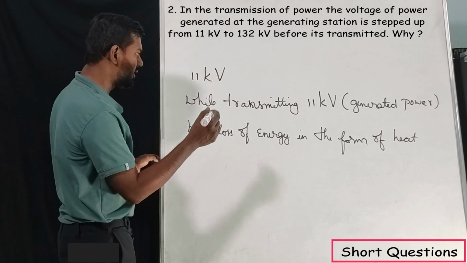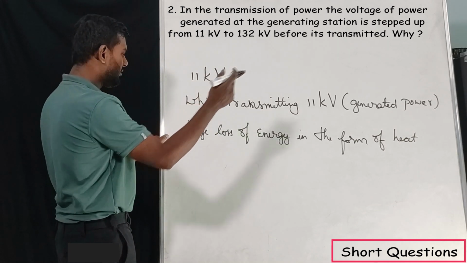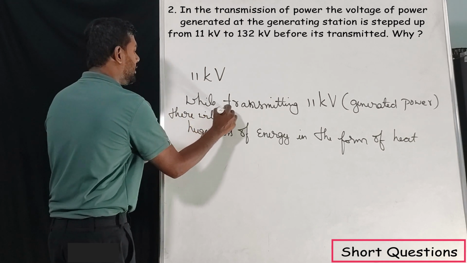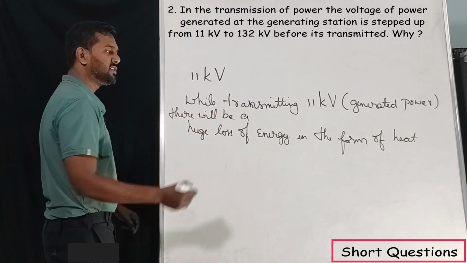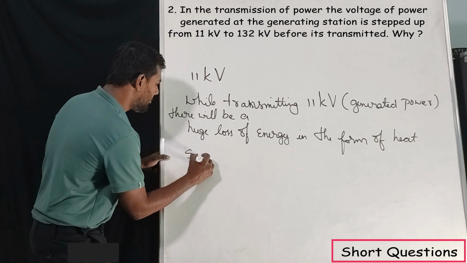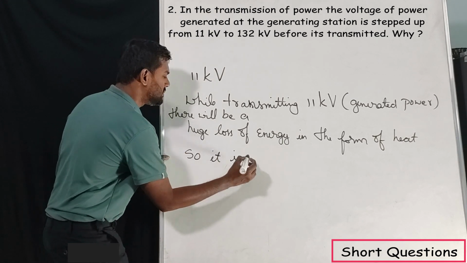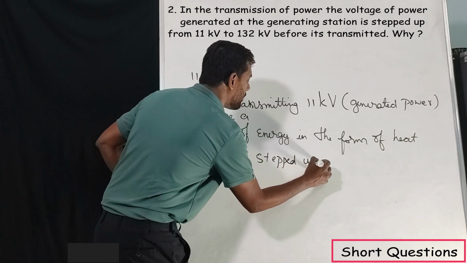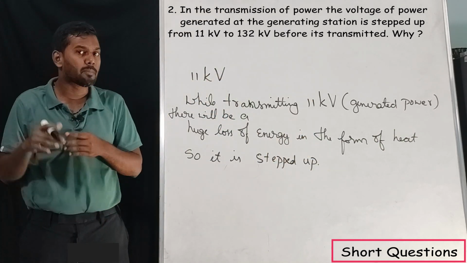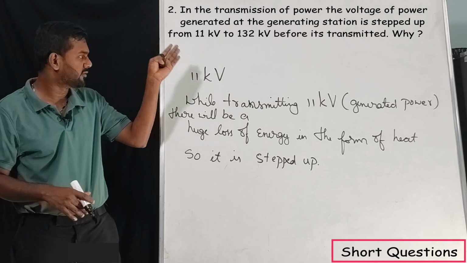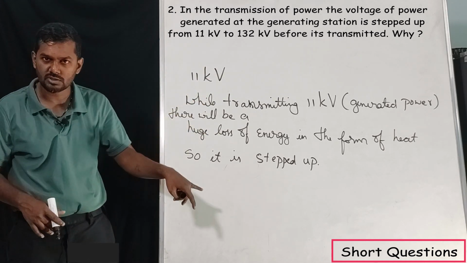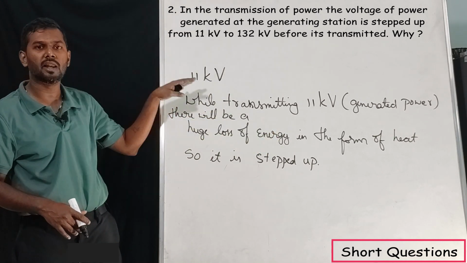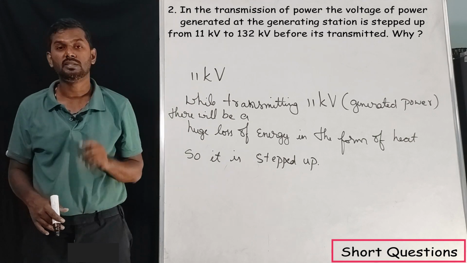So while transmitting 11 kV, there will be a huge loss of energy in the form of heat. So it is stepped up. If you step up, the voltage will increase. If the voltage increases, even though there is a loss in the form of heat energy, we can still get 11 kV at the destination point.